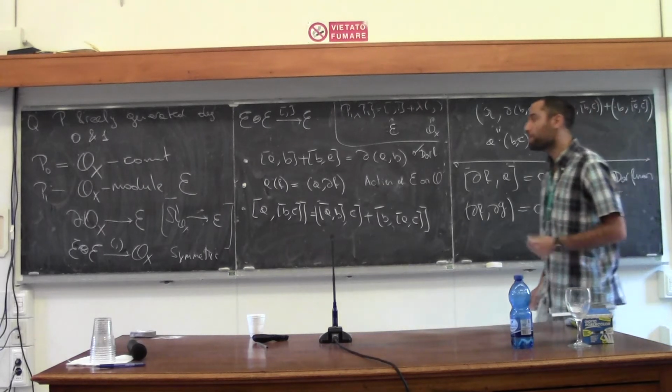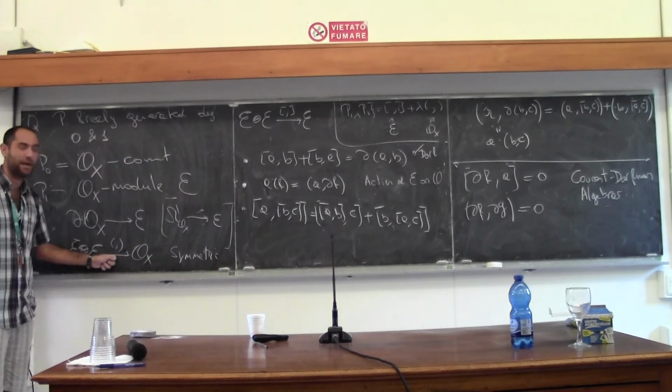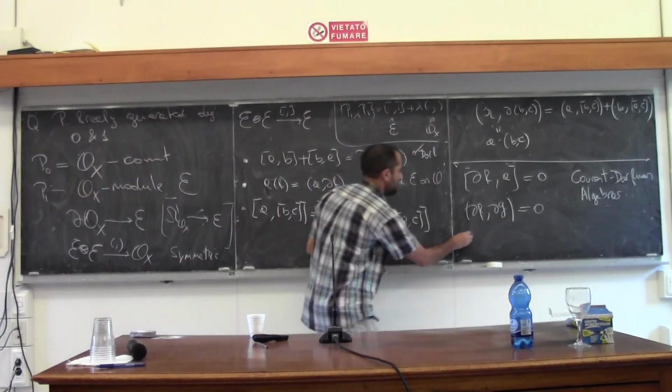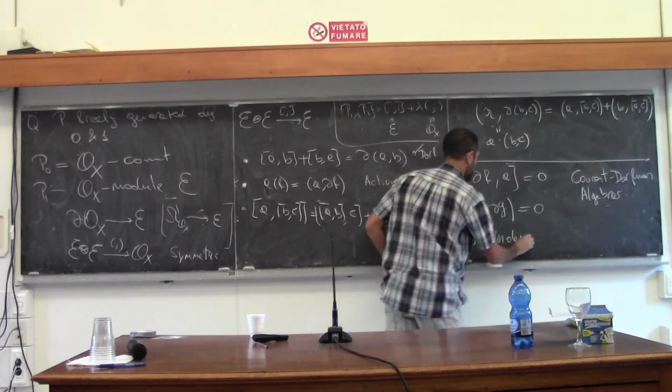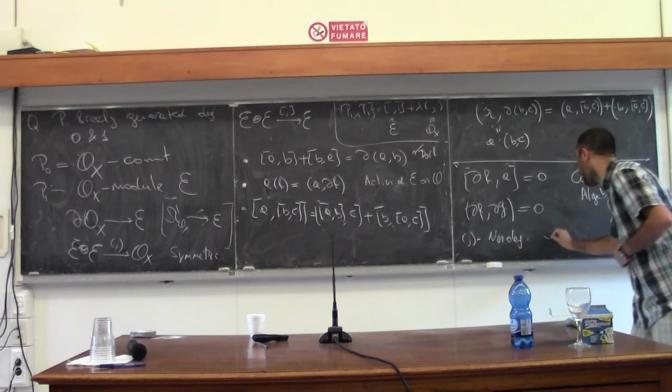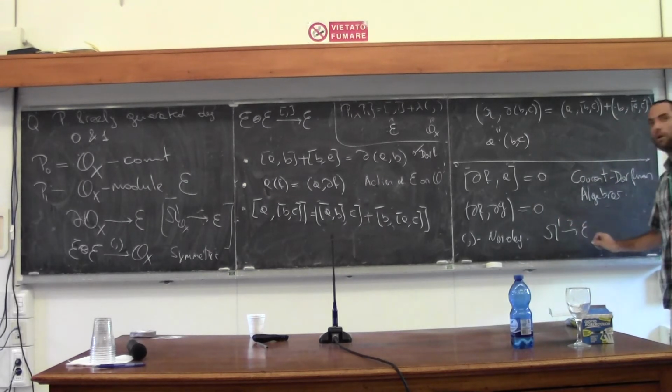But if the pairing, that's the thing. If the pairing here is non-degenerate, if this guy is non-degenerate, what happens? We have a map from omega 1 into E that came from the derivation. If that pairing is non-degenerate, we have also this map to E star.